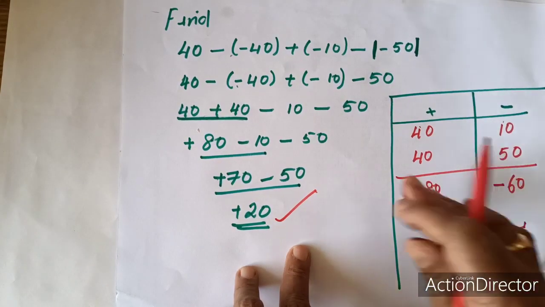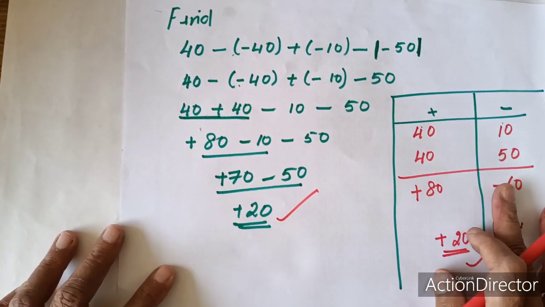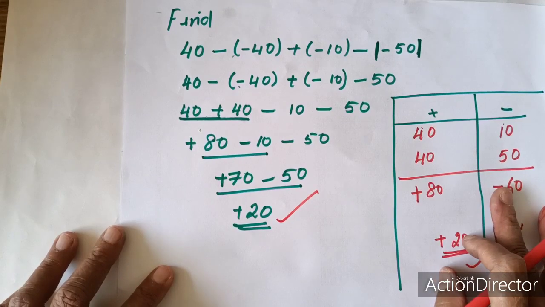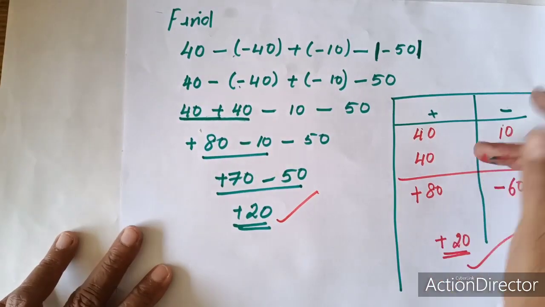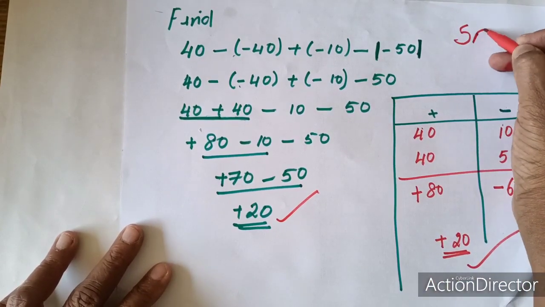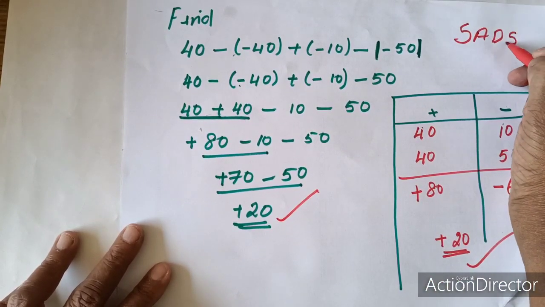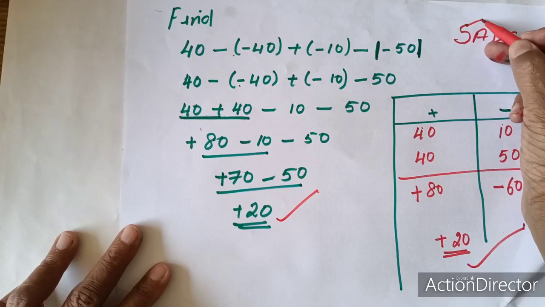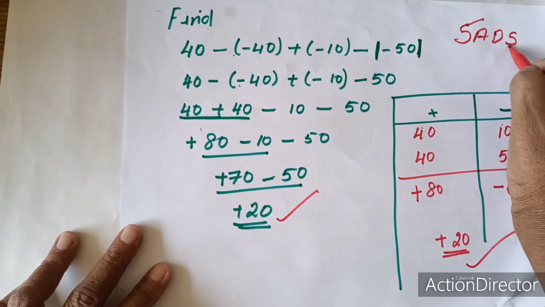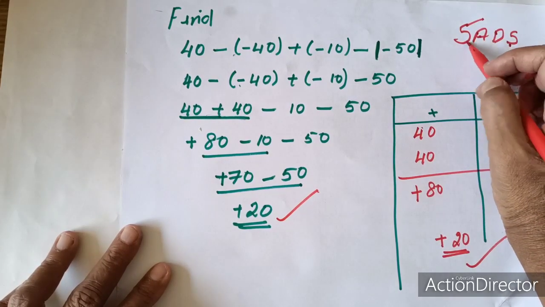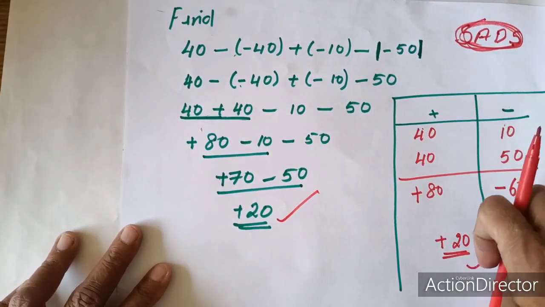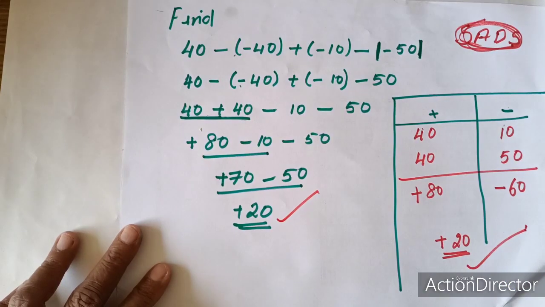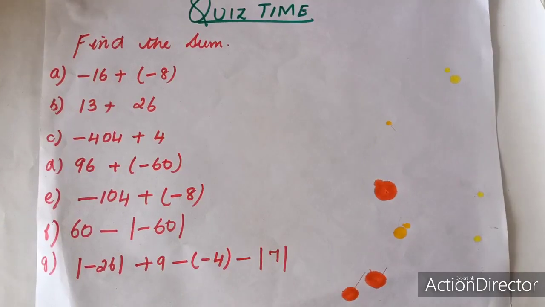Hope you understood how to add the integers by the activity method, and also mathematically using this small trick word, SADS. Same sign, add. Different sign, subtract. So every day you say this, and there will not be any problem in integers. So let us go for quiz time. Now this is quiz time.